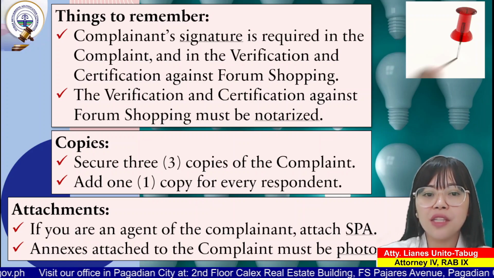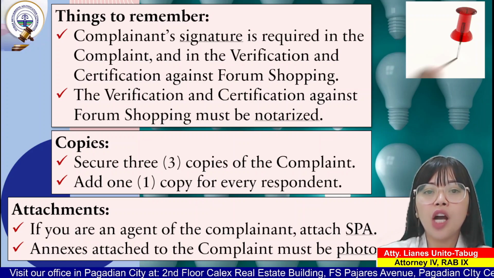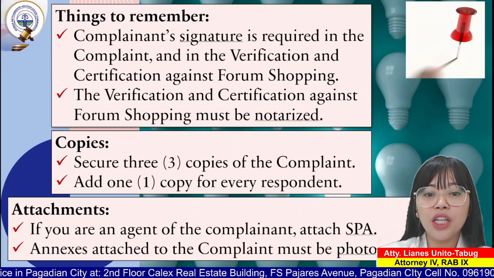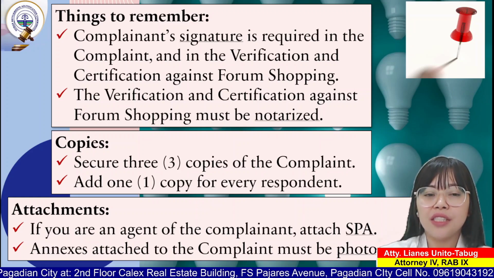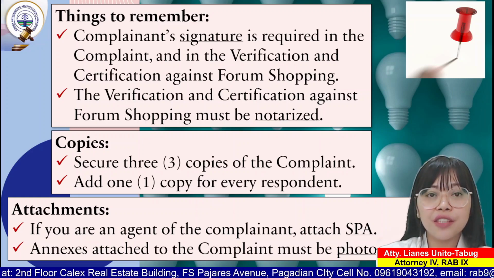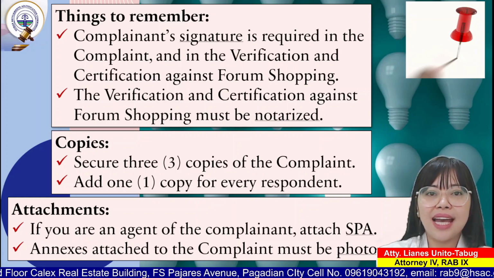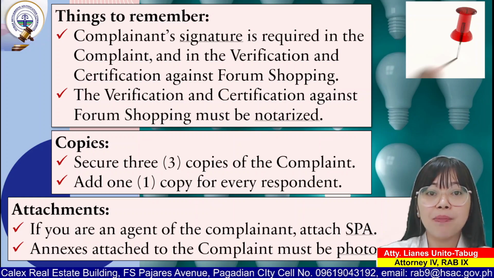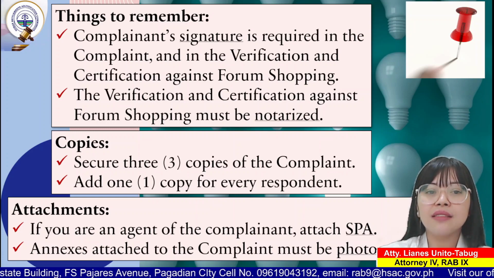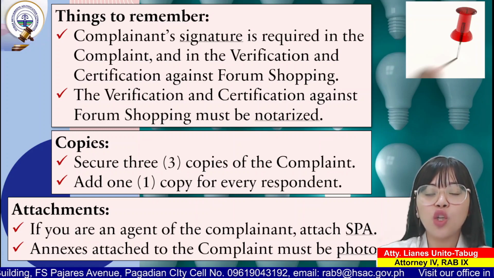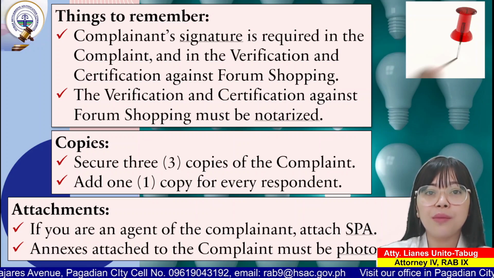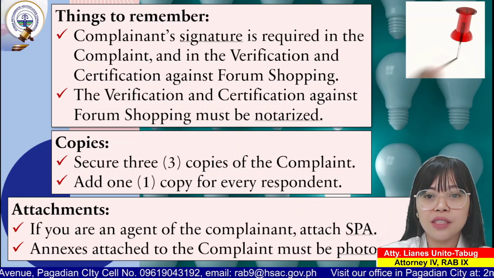As for the copies, you will need to secure 3 copies of the complaint, and you must add 1 copy for every respondent. Now, in your attachments, if you are an agent of the complainant, please attach SPA or Special Power of Attorney. And for your annexes, please attach only photocopies of such document. No need to submit the original document.